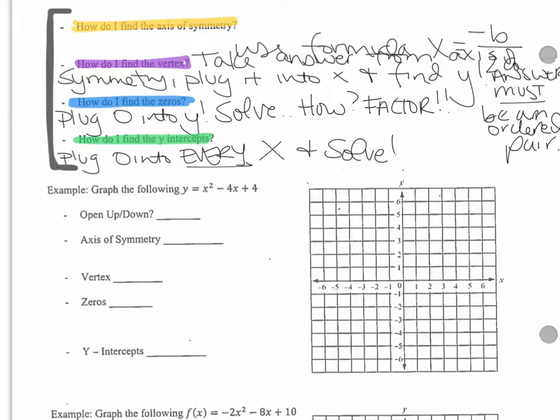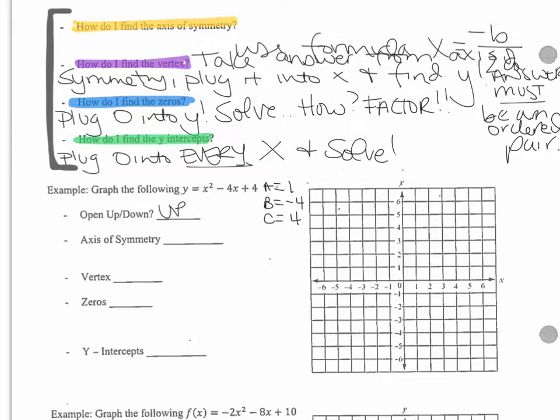So I'm just going to immediately, before I even start, write a equals, b equals, c equals. Chances are I'm going to need them. So what does a equal? 1. B equals -4. C equals 4. All right, so does this open up or down? It opens up. How do I know? A is positive.